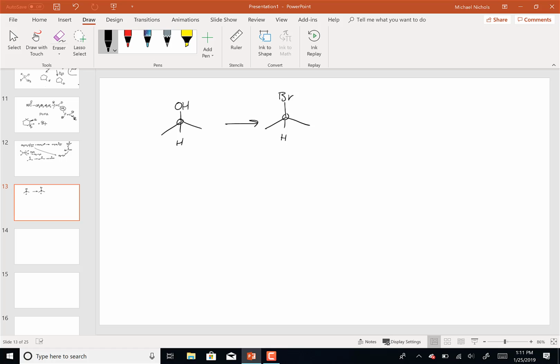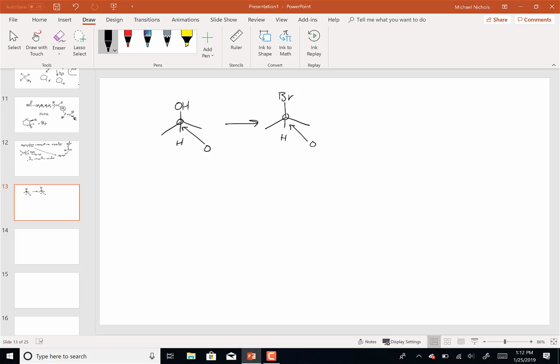So the oxidation number for this carbon would be what? Zero. And the oxidation number for this carbon would be 0. So this is not an oxidation reduction reaction.